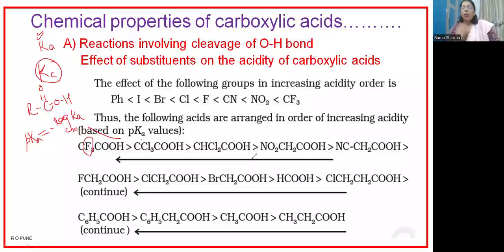So when a substituent is present, like chlorine and NO2, electron withdrawing groups, what will they do? They increase the acidic nature, facilitating the removal of H plus ion. When three fluorine atoms are present, the acid is most acidic, a stronger acid.